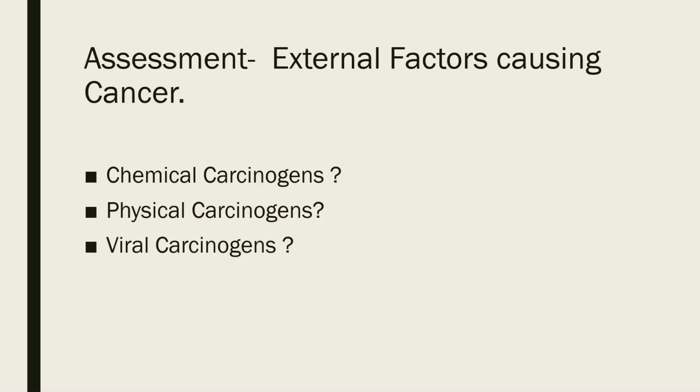Physical carcinogens cause cancer by damaging DNA, such as radiation, like sunlight, or the tanning beds that I spent way too much time in during my youth, and chronic irritation. Radiation is the most common cause of cancer, from UV light, and that is skin cancer.